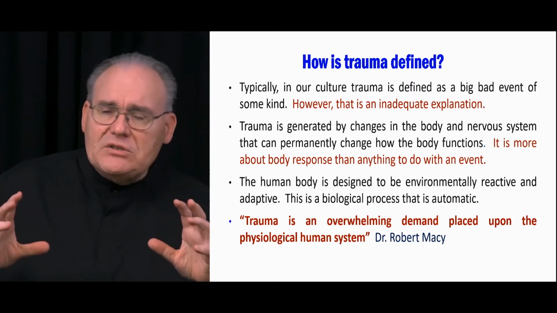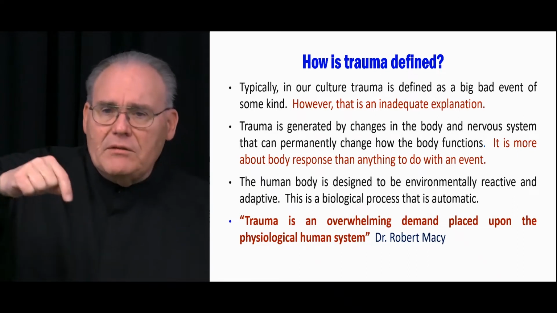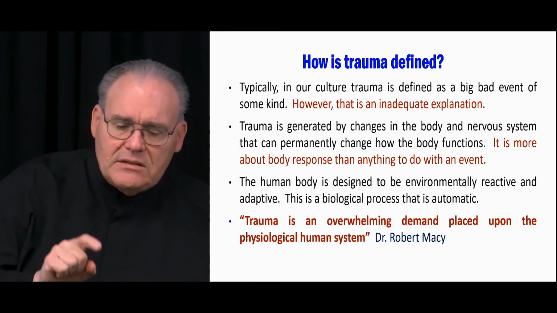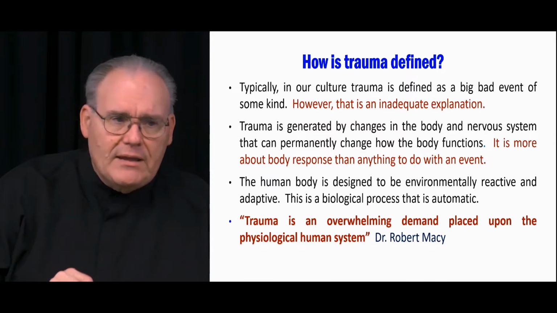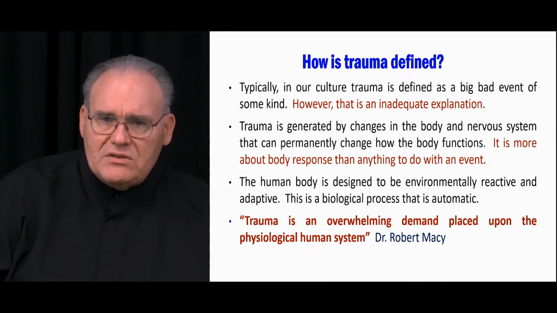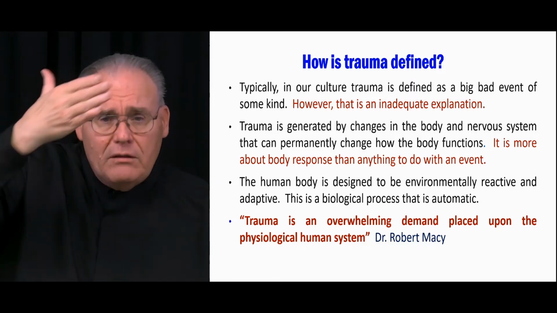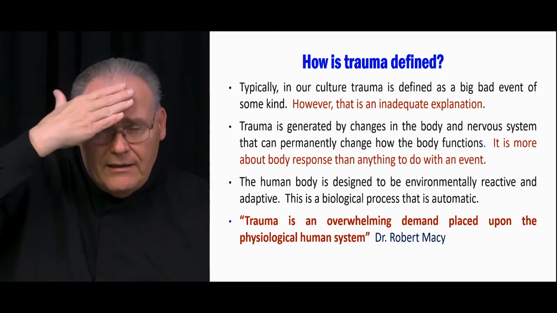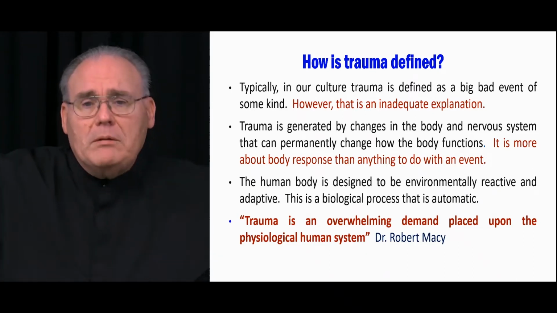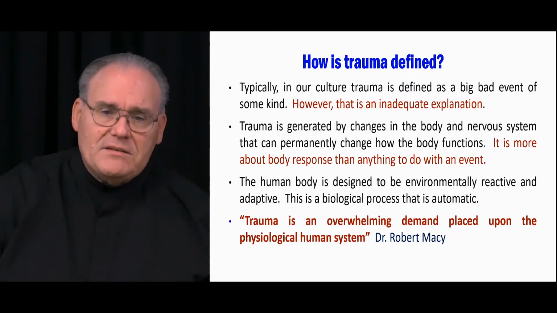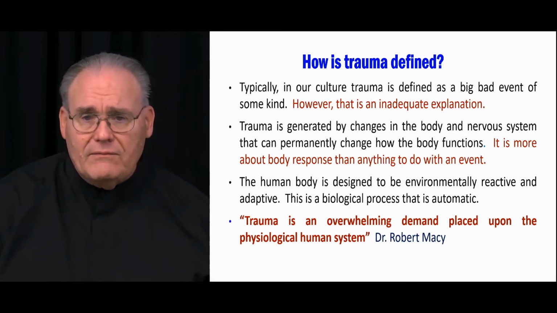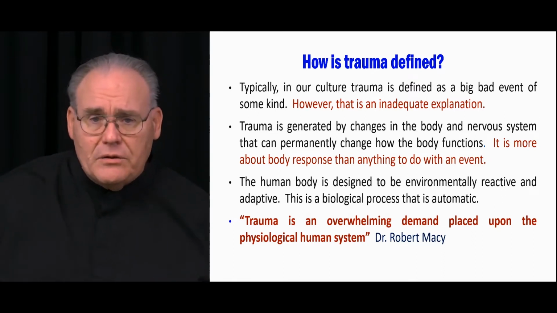Now, why is this a challenge for us? Because most of the mental health world sees the problem not as an environmental problem, but as a deficit, that there's something wrong in the head or character of a person, and that if you can fix their head and their character, the problem goes away. That's uninformed and doesn't really match with what the neuroscience and the physiology have uncovered in the last 35, 40 years.